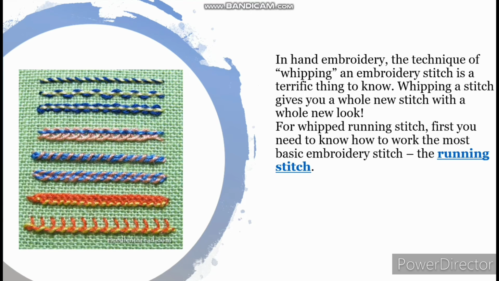For whip running stitch, first you need to know how to work with what? The basic stitch, which is running stitch. Remember in our previous class, I told us that running stitch is the most basic stitch and all others can make use of it. So today, when you want to make whip running stitch, you are going to start with running stitches.